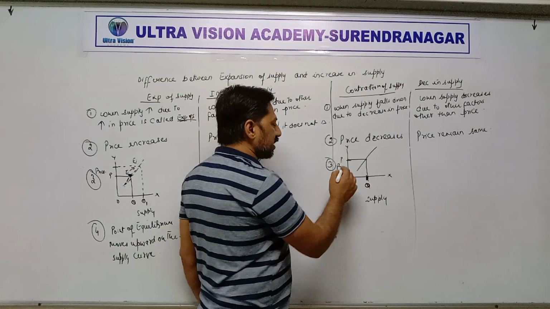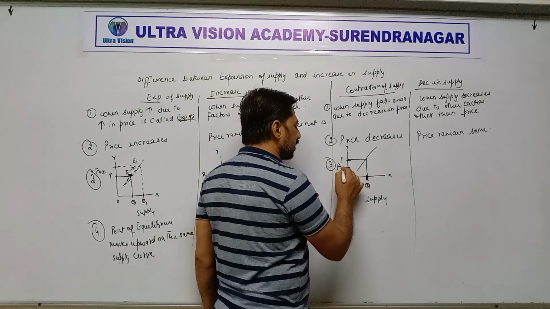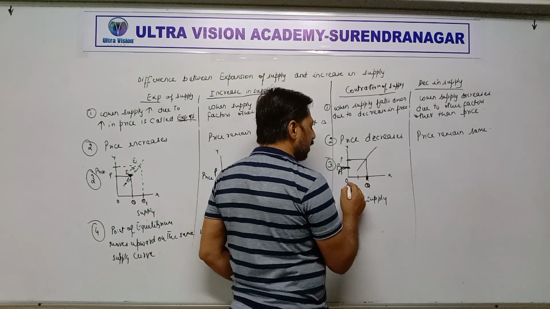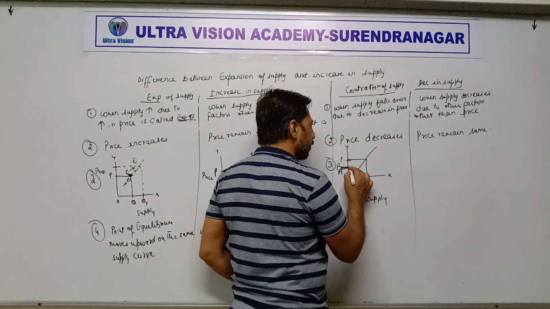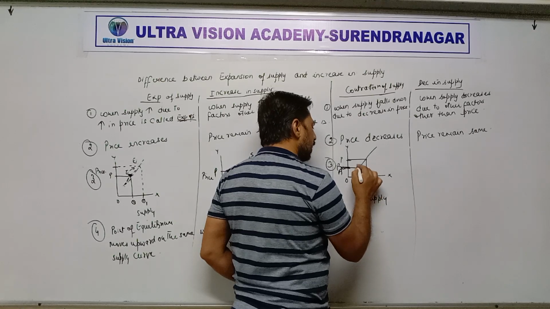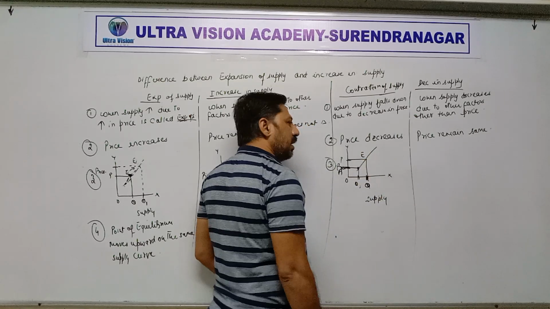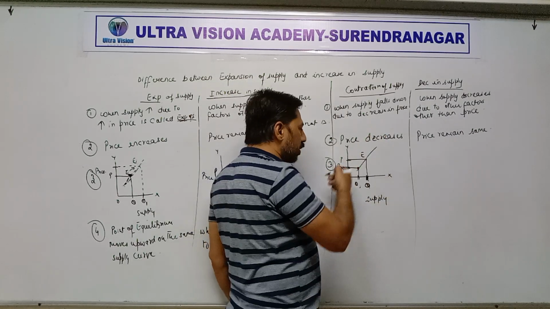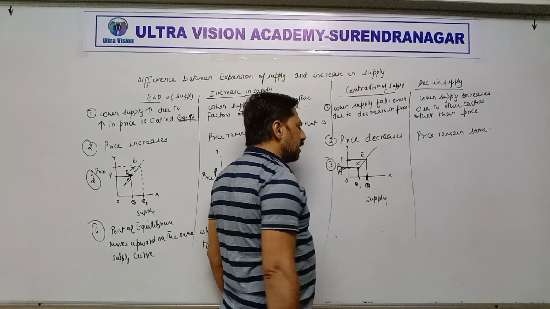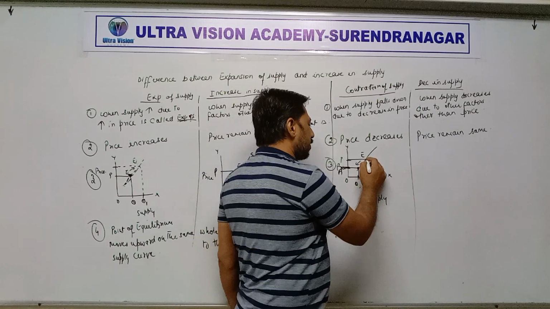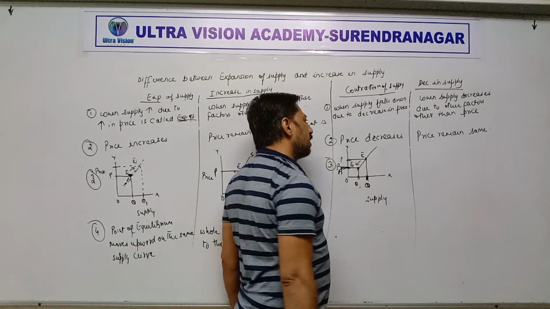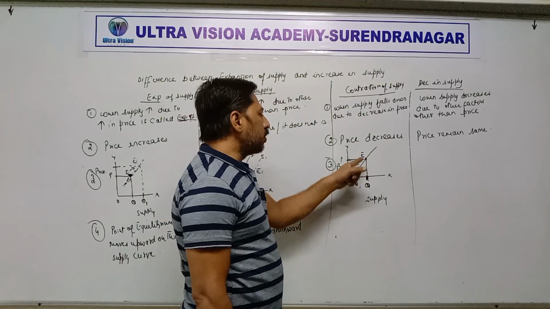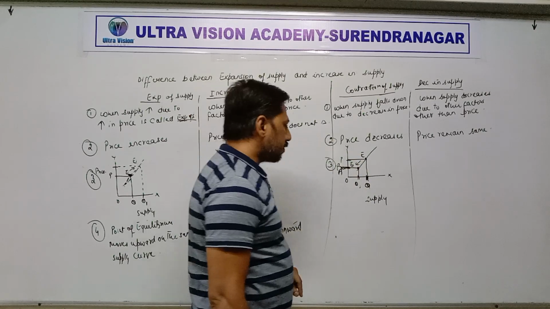So when price reduces from OP to OP1, supply also reduces from OQ to OQ1. It means earlier equilibrium point was E, but now the equilibrium point shifted downward to the left on the same curve, E1. Means in case of contraction of supply, the point moves downward on the same supply curve.